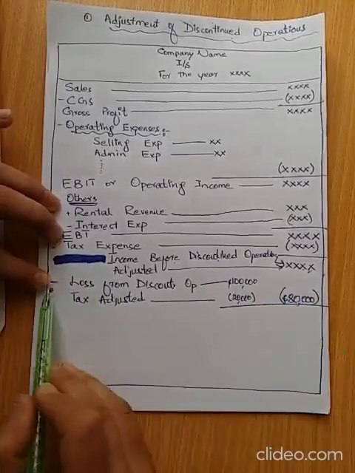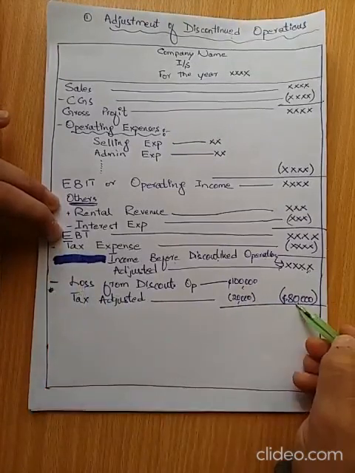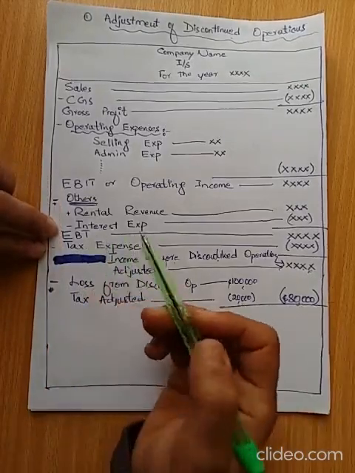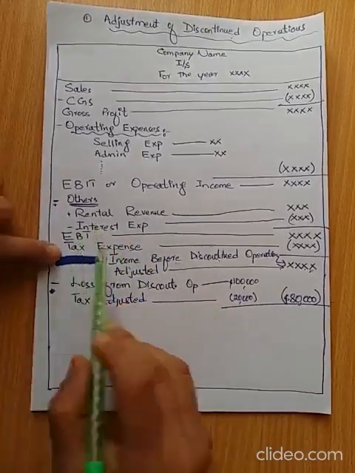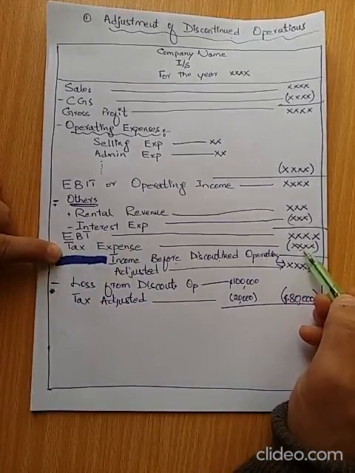Why am I writing this in minus? Because this is a loss. Is it okay? So what does it mean? What does this $20,000 mean? Look at this. Let's say my tax expense for this year is $60,000, so I must pay $60,000 to the government.